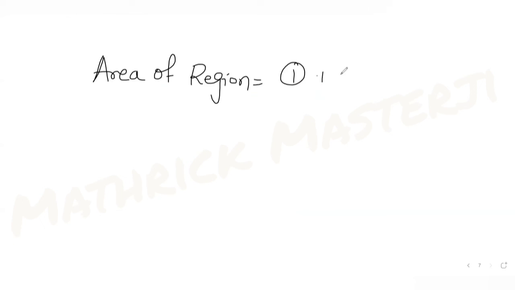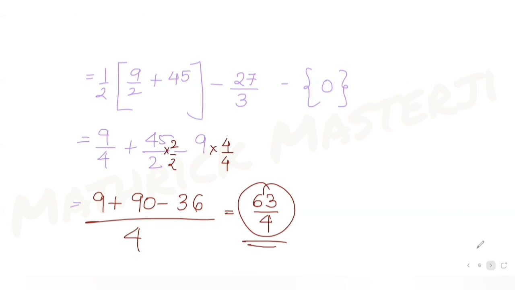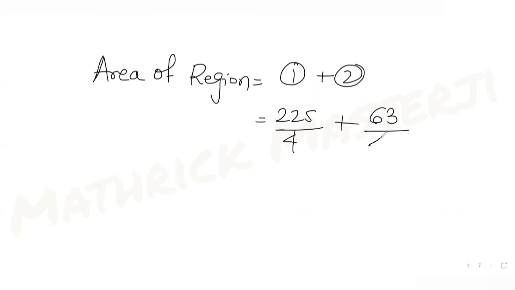So if I just add all of them, the total area of the region that is asked of us is nothing but the area of the first region plus the area of the second region, which is 225 divided by 4 added to 63 divided by 4. So 288 divided by 4, which is 4 sevens are 28 and 4 twos are 8.